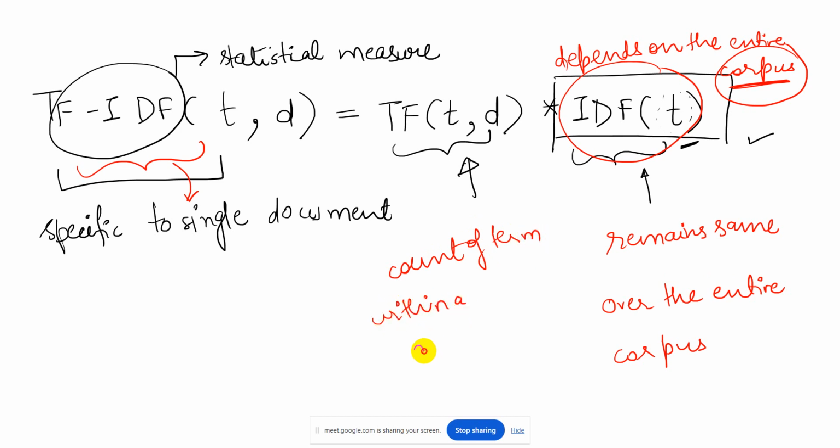So it can be asked which term in the TF-IDF is dependent on the document and which is dependent on the corpus. IDF is dependent on the entire corpus, and for a given term it will remain the same over the entire corpus, but the term frequency keeps on changing.